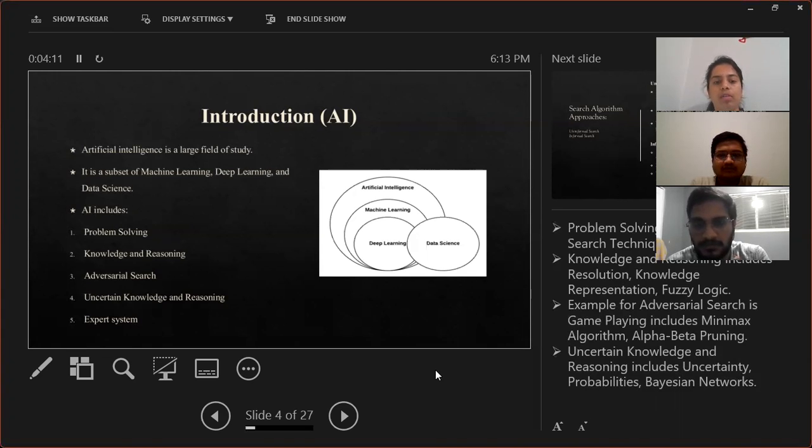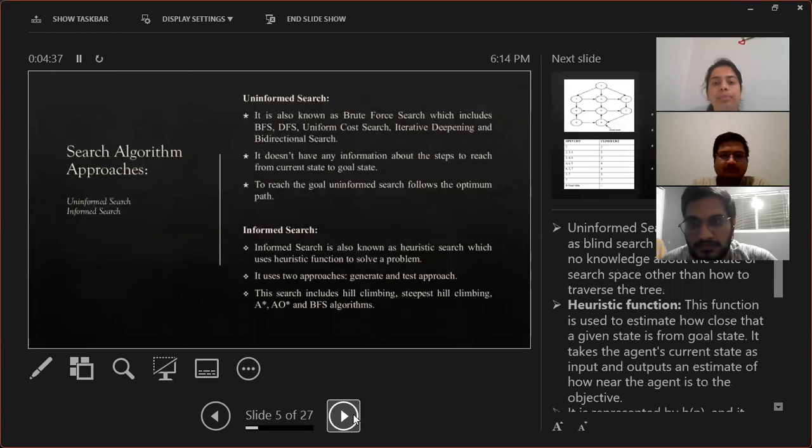Problem solving is also called search techniques, while knowledge and reasoning includes resolution, knowledge representation, and fuzzy logic. The example for adversarial search is game playing, which includes minimax algorithms and alpha beta pruning. Uncertain knowledge and reasoning includes uncertainty, probabilities, and Bayesian networks.